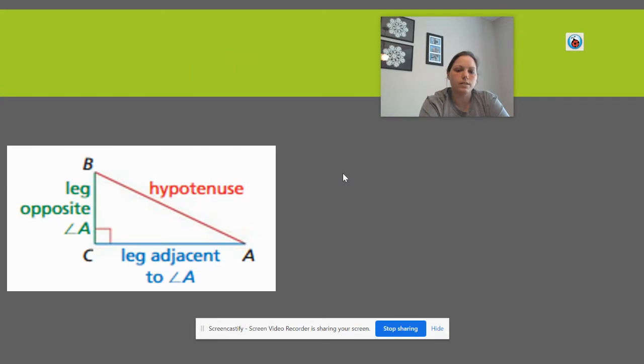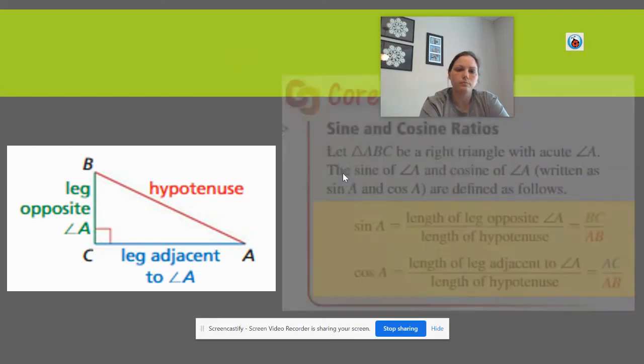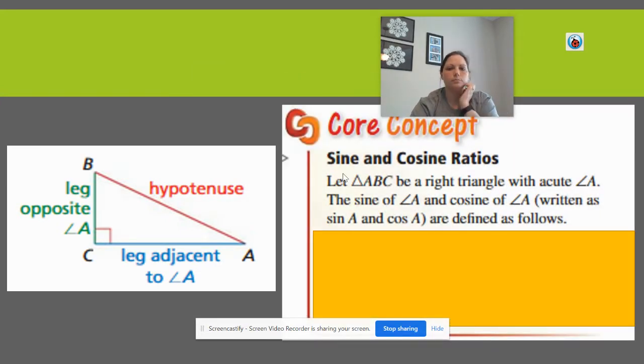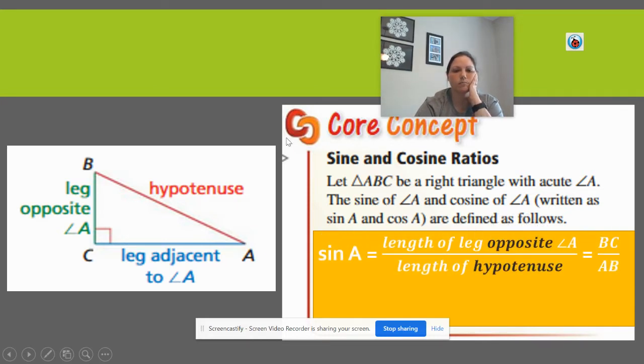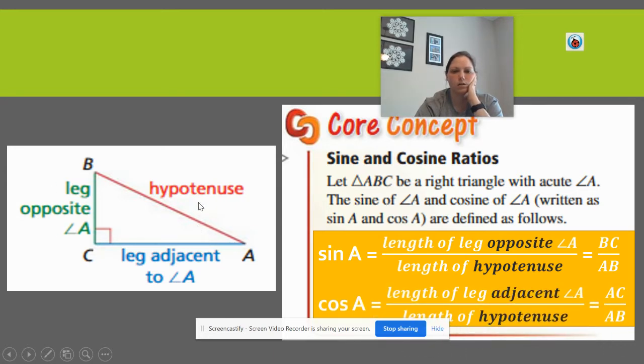Okay, so here is a right triangle. The sine of A is the ratio where it's the opposite leg over the hypotenuse. And the cosine of A is using the adjacent leg over the hypotenuse.